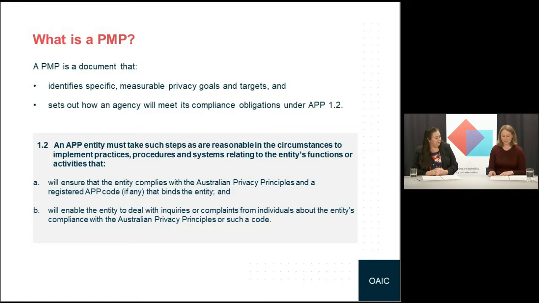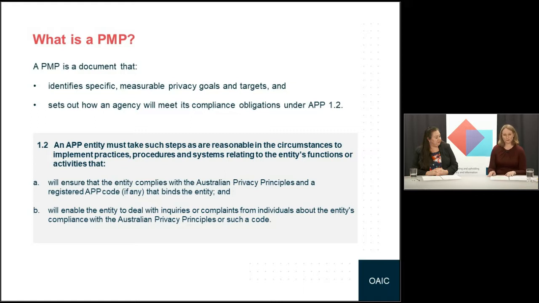You can see the text of APP 1.2 on the slide. In short, under APP 1.2, entities must take reasonable steps to implement practices, procedures and systems to comply with the APPs and to deal with privacy inquiries and complaints.